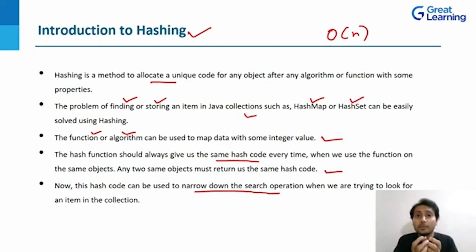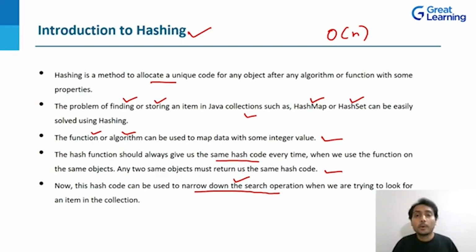But here, with the help of this hash code, you can easily check in a hash table. All the hash codes are stored in a hash table. So whatever value you want to search, you get access to the hash code. You can directly go to the table and access that particular location using the hash code. So this will narrow down your search operation and other operations as well.